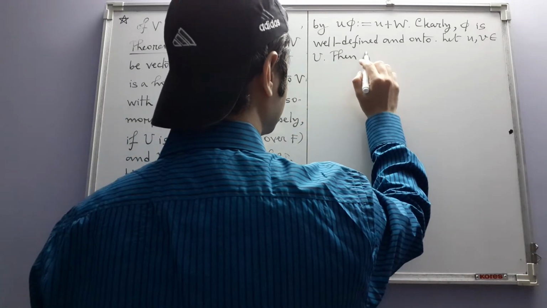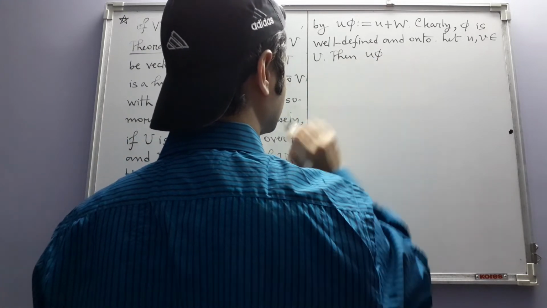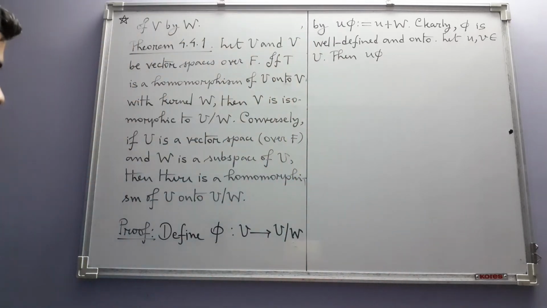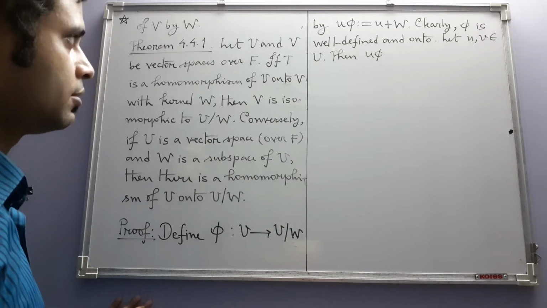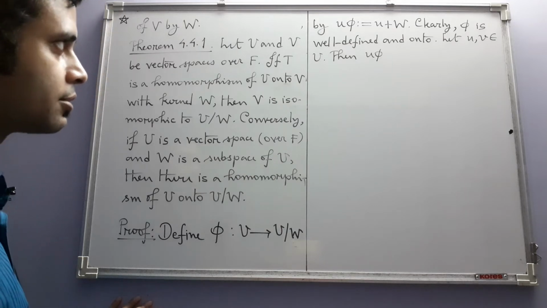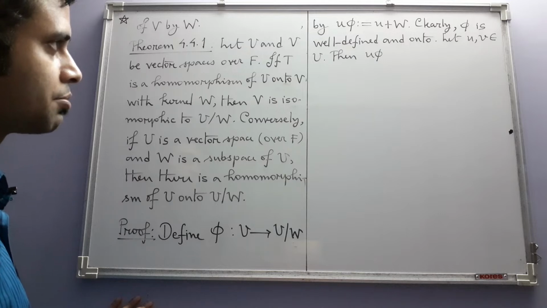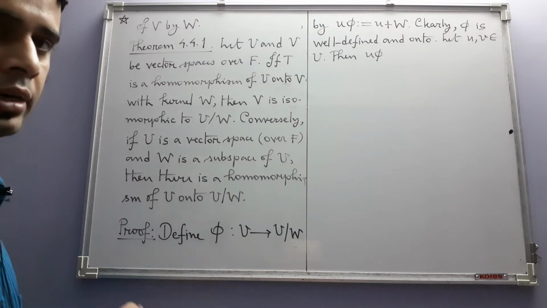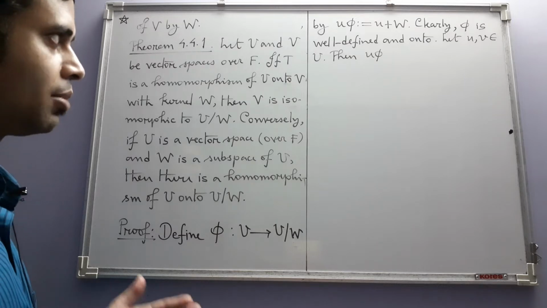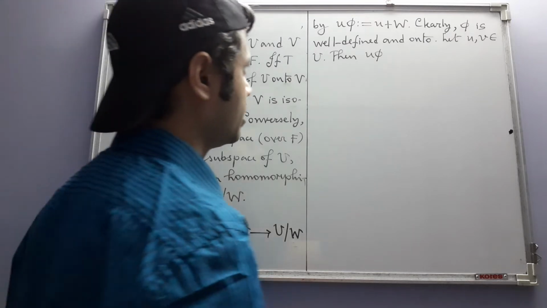Then phi is a homomorphism. I should not forget that we are in a vector space. So homomorphism needs to respect two different operations: addition of vectors and multiplication of a vector by a scalar.